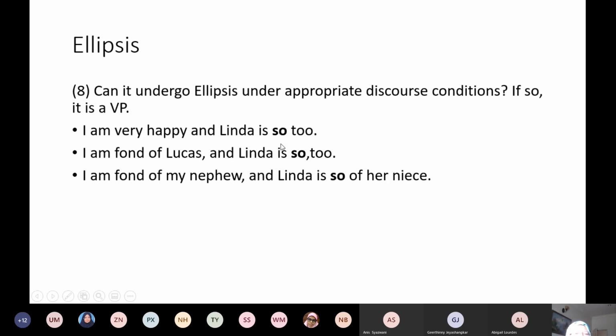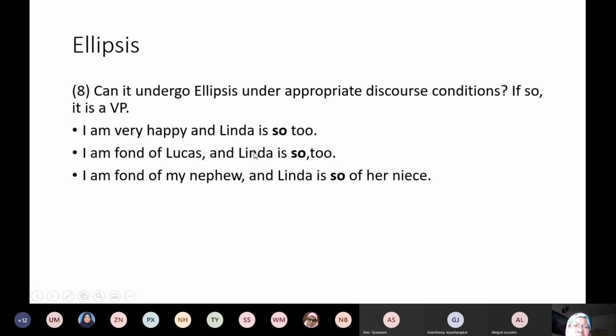So ni is a marker. And through the discourse context, you know that so is actually referring to very happy. And the original sentence is, I'm very happy and Linda is very happy too.